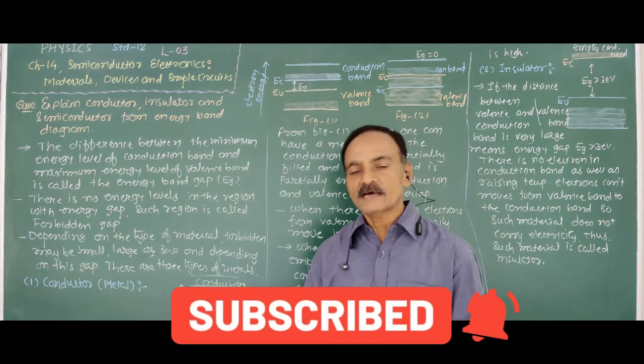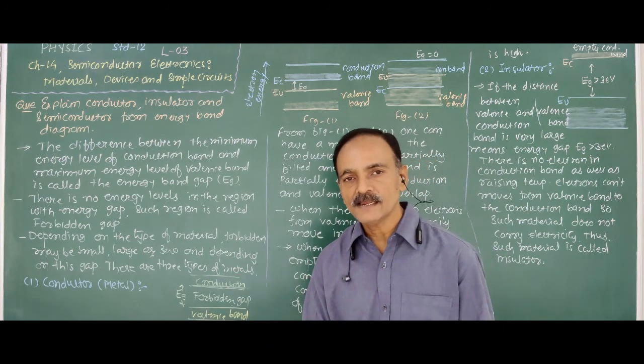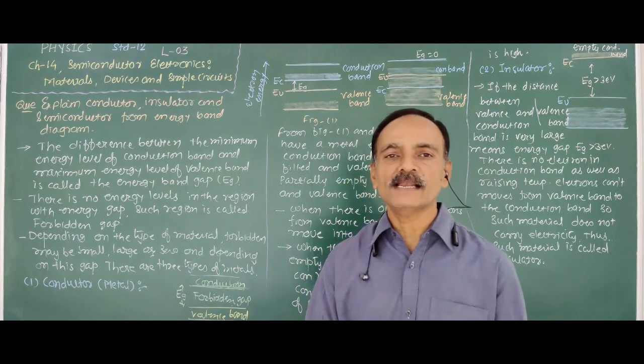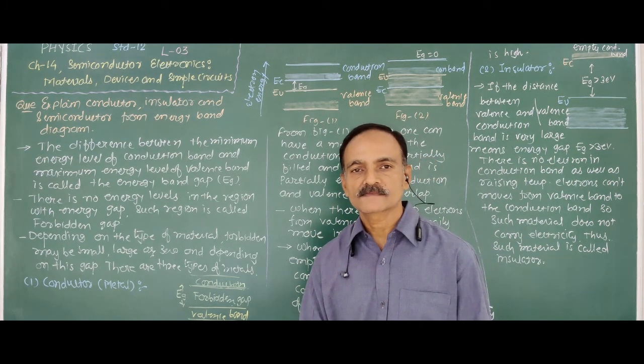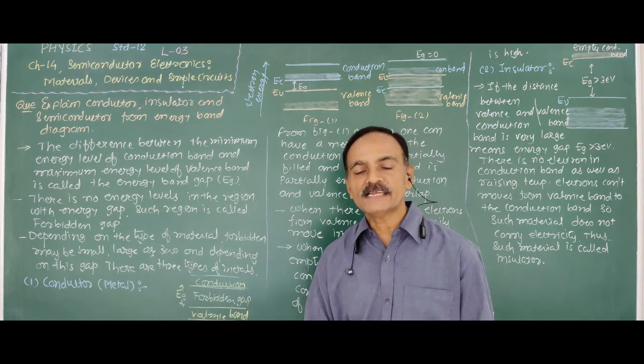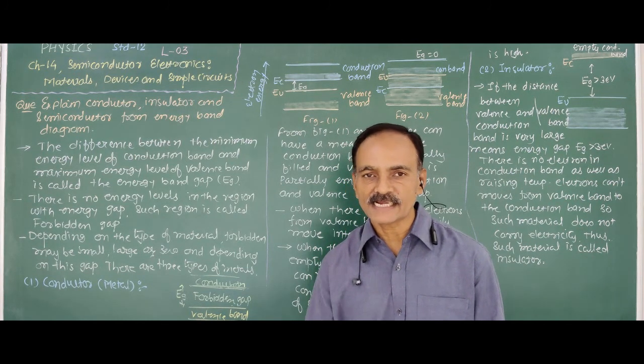The size of the forbidden gap depends on the type of material, meaning the distance between the atoms of the molecules. If the distance between the atoms is less, the material acts as a conductor.